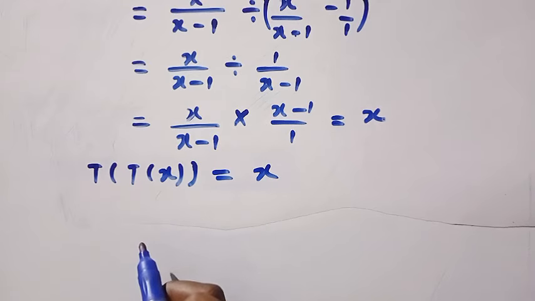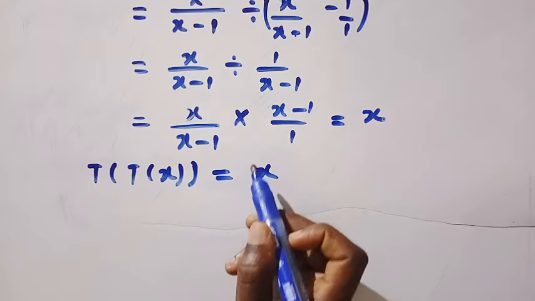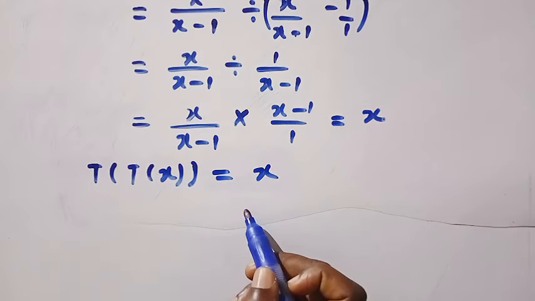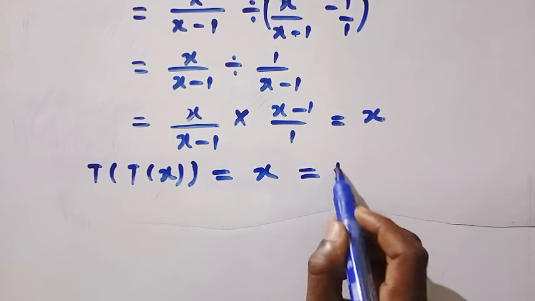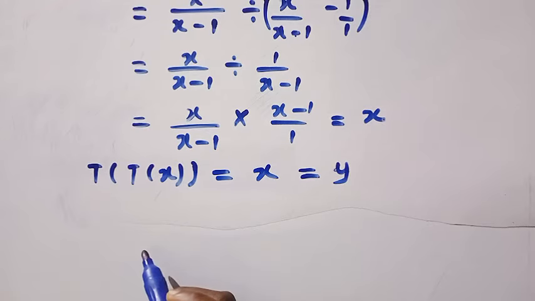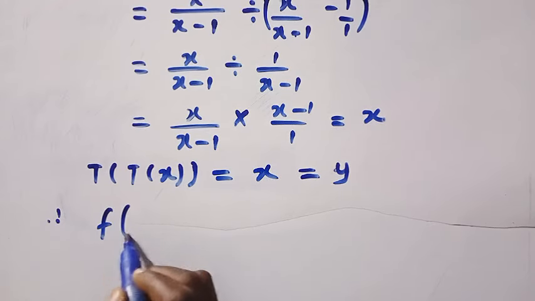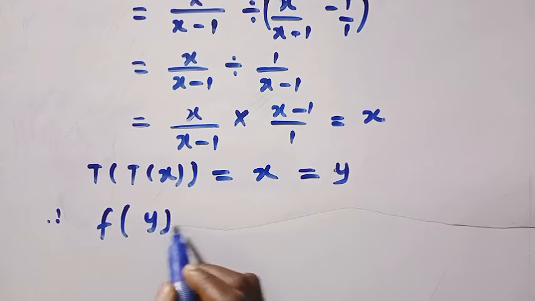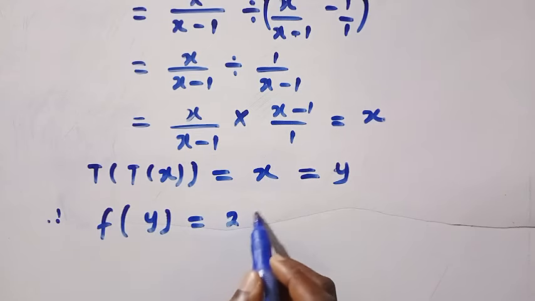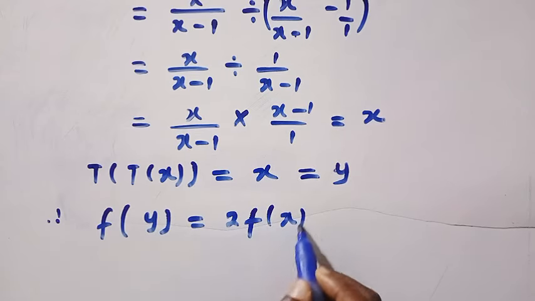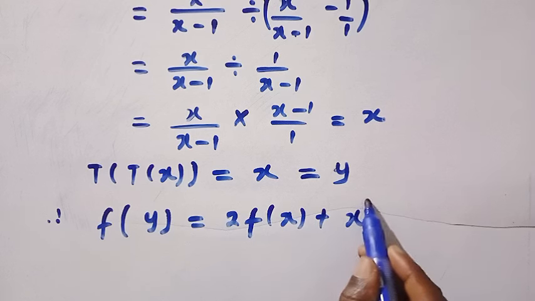So letting t of x equal x over x minus 1, let everything also equal x. That is, in the real function, we are going to have f of y, which will give us 2 f of x, then plus x squared.